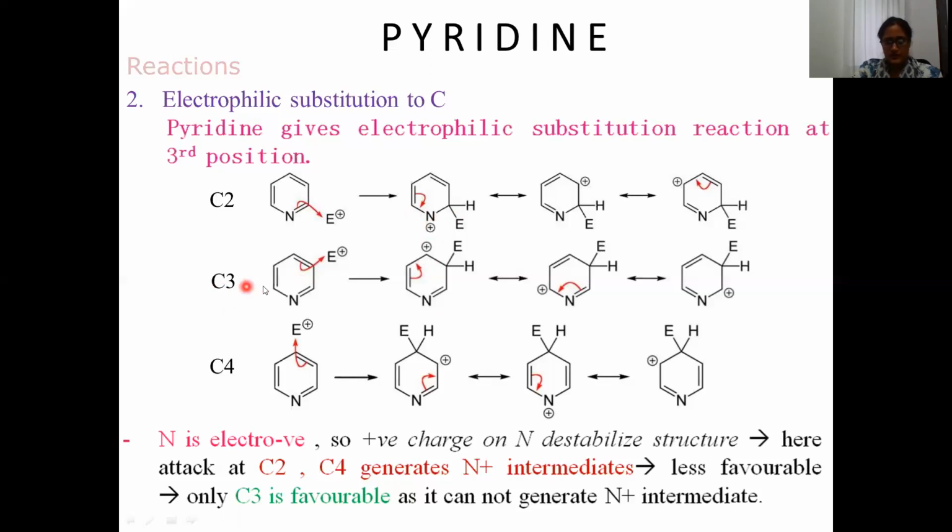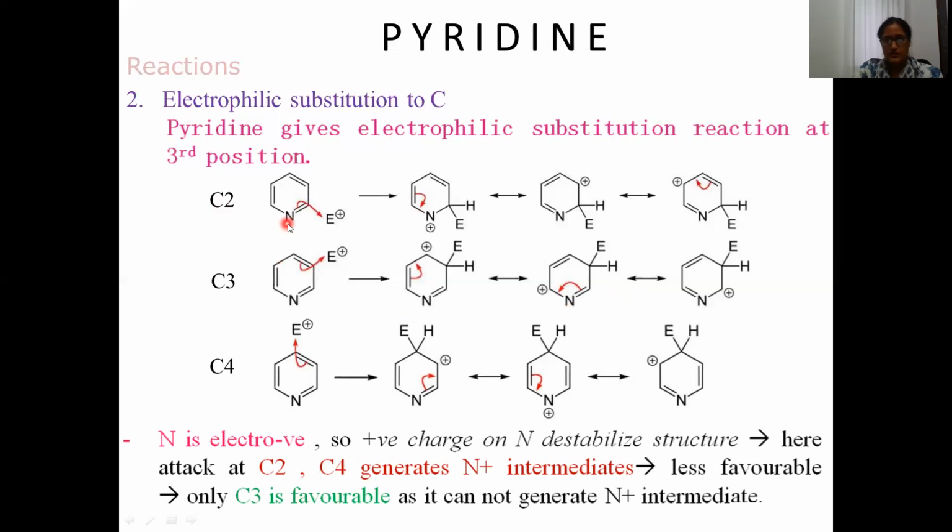And in C3 electrophilic substitution, no intermediate is formed which has the nitrogen positive charge. Look here, none of the resonance structures contains any positive charge on the nitrogen.